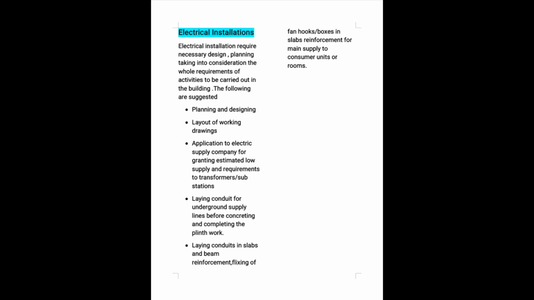Third, laying conduit for underground supply lines before commencing and completing the work planned. For laying conduit in slabs and reinforcement, fixing of fan boxes in slabs, reinforcement for main supply to consumer units or rooms.